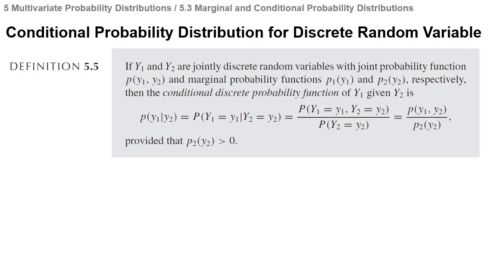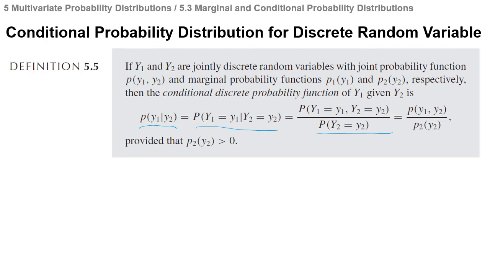Here is definition 5.5. This is about conditional probability distribution for discrete random variables. If y1 and y2 are jointly discrete random variables with joint probability function p(y1, y2) and marginal probability functions p1(y1) and p2(y2) respectively, then the conditional discrete probability function of y1 given y2 can be written this way. This is an extension of conditional probability.